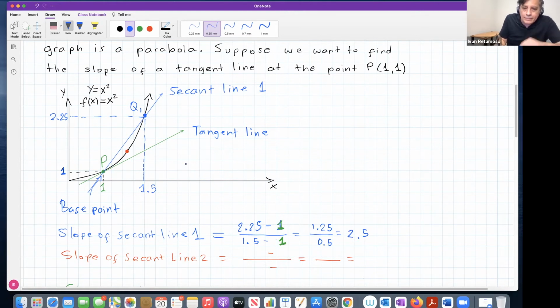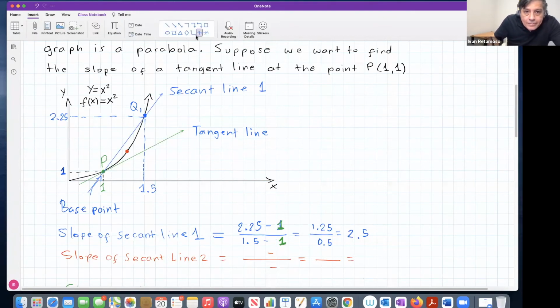But now the idea is to do this again, this time with a point that is closer to P. The idea is to go towards the point P. So I will choose this red point. Let's draw a second secant line.